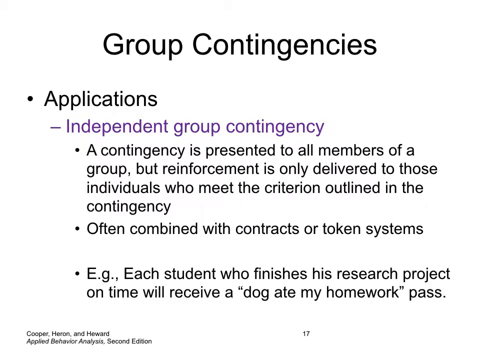An independent group contingency is an arrangement in which a contingency is presented to all members of a group, but reinforcement is delivered only to those group members who meet the criterion outlined in the contingency.